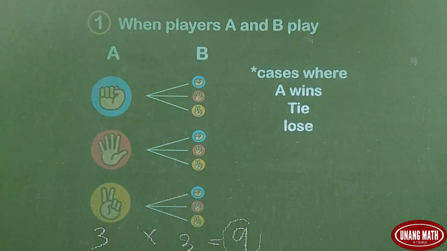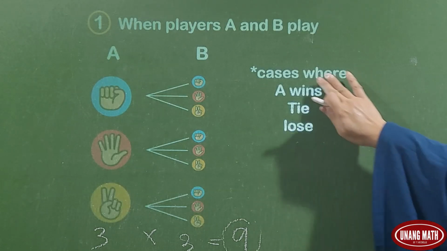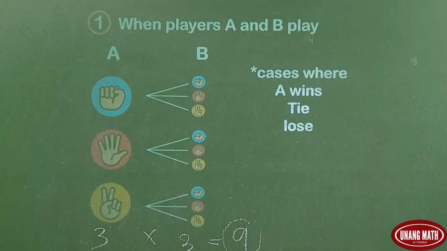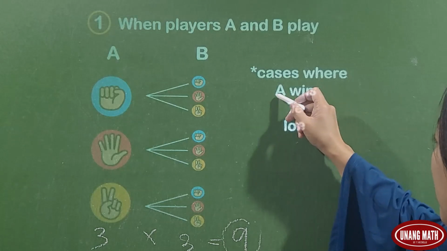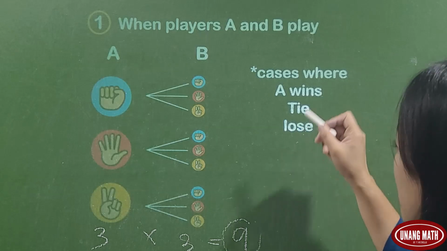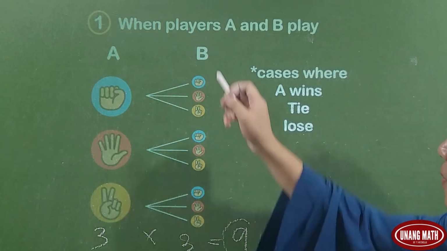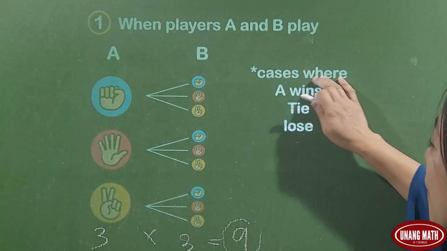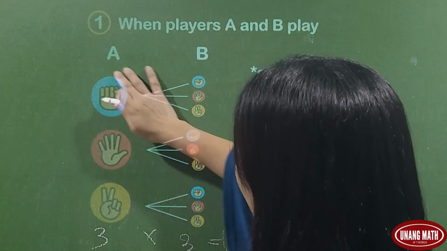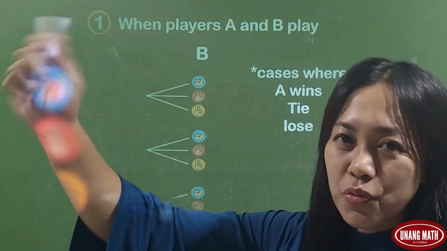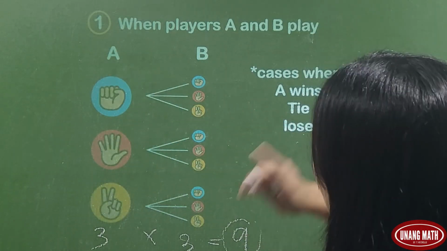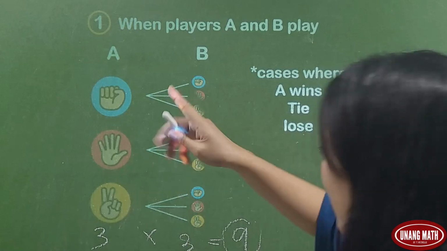Okay, we have here the cases where player A wins, tie, and player A loses. When we say player A wins, it means player B loses. Player A loses, meaning player B wins. So let's find all these cases. So if player A wins, if player A shows rock, in order for this player to win, that means player B must show scissors.